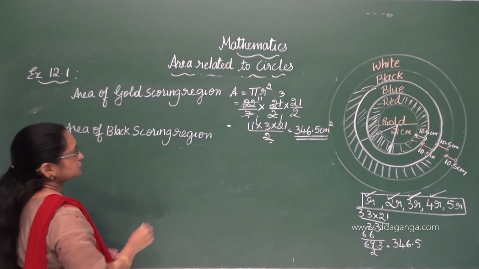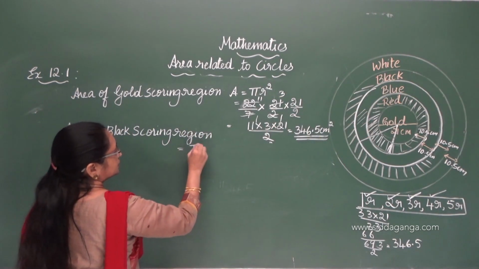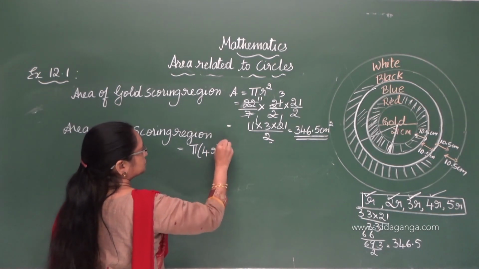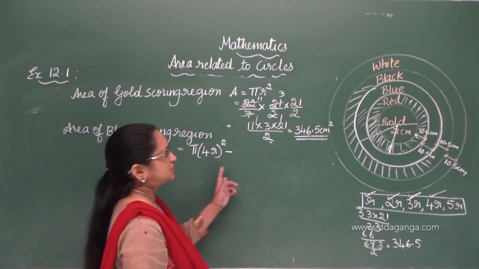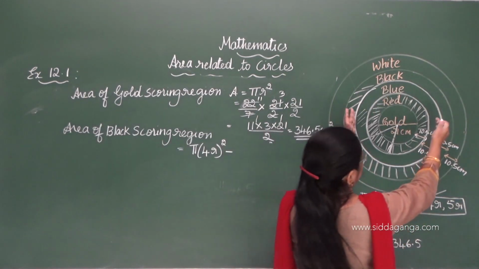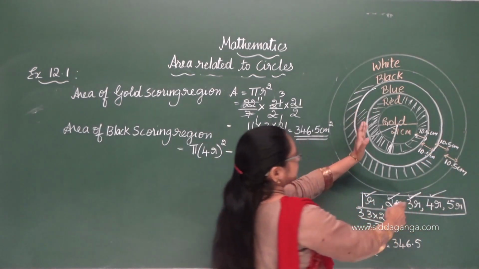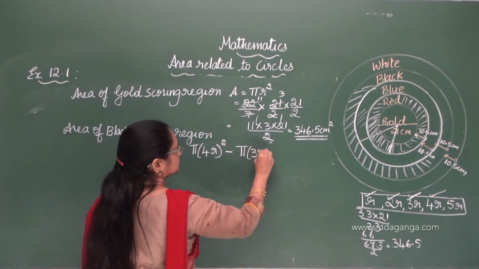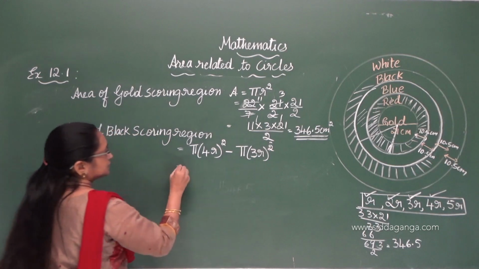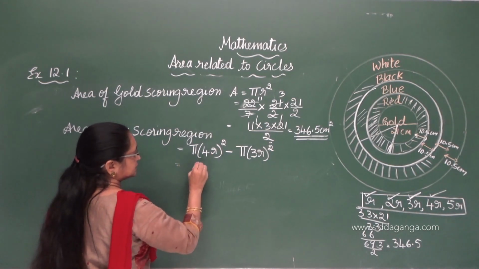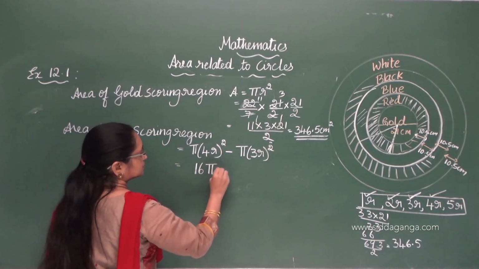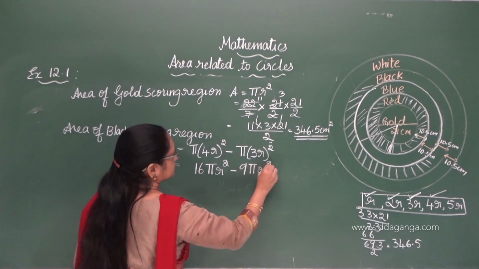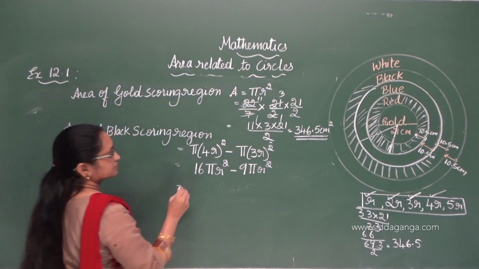So π(4r)² minus, here you should be very careful, you have to take 3r, so π(3r)². So 4 4s are 16πr² minus 9πr², correct?